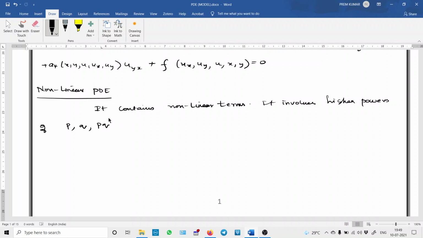These terms will be of higher powers, p square, q square, pq square, or something like this. So if these kinds of terms are there in a differential equation, we call it a non-linear partial differential equation.